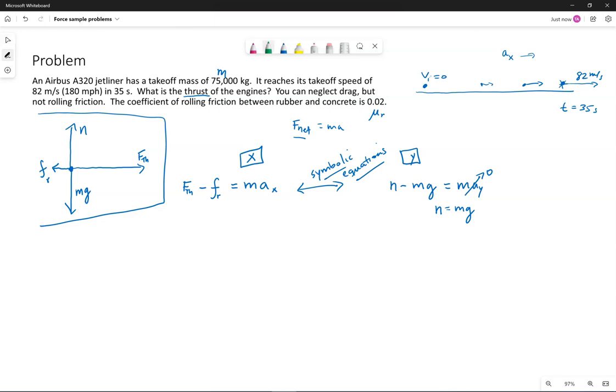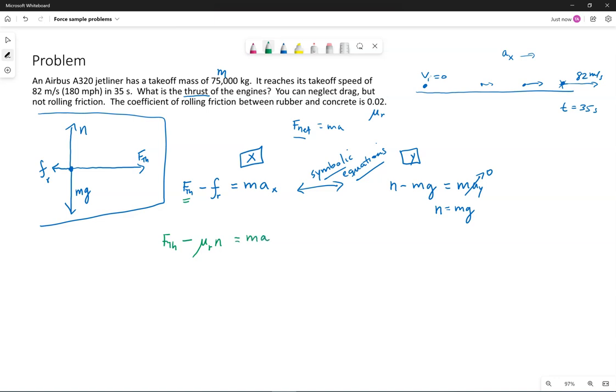All right, so going back to the problem, ultimately what we want to find is the force of thrust. That's what's being asked for. So if I plug in here, force of thrust, we know the force of rolling friction would be the coefficient times the normal force.